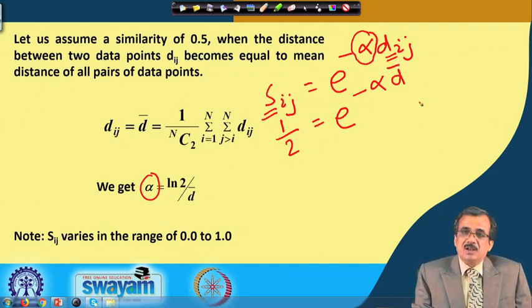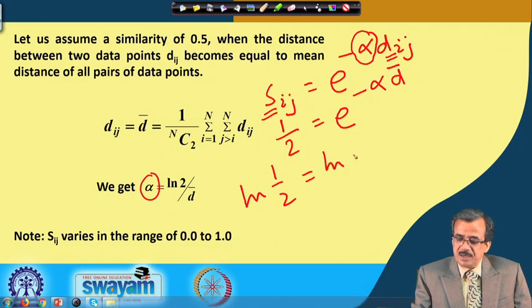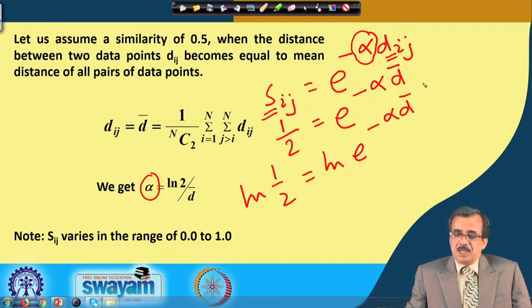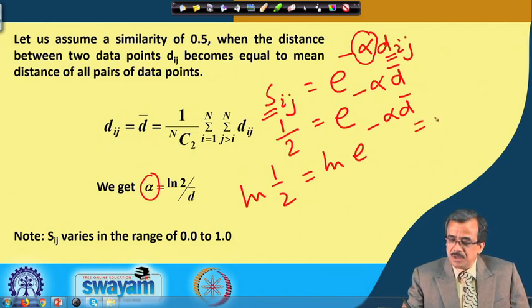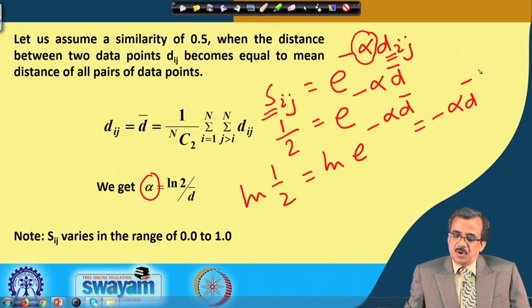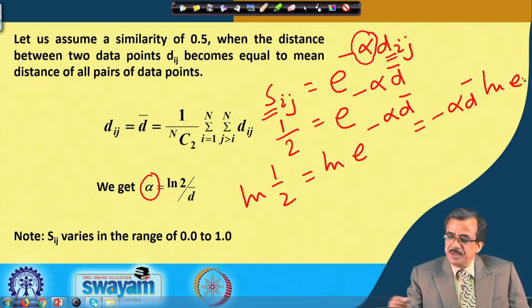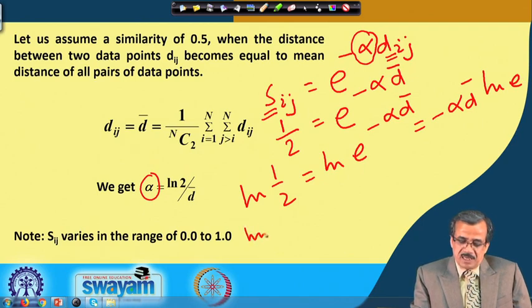Now, if I take log base e on both sides, I will be getting ln half is nothing but ln e raised to the power minus alpha d bar. Now, this can be written as minus alpha d bar ln e, and the left side can be written as ln 1 minus ln 2.